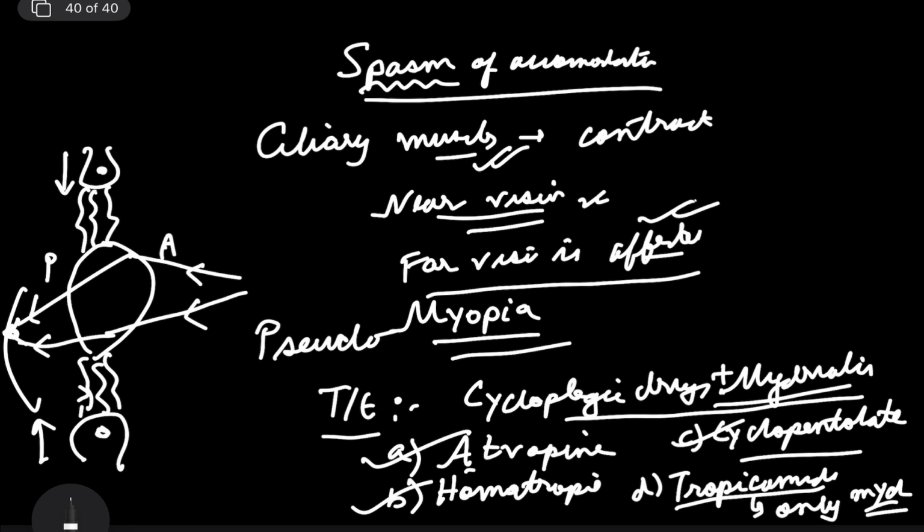I hope I was able to convey the concepts that were needed in this video, and I'd be really happy if I was able to explain the concepts of accommodation clearly to you. Some thinking you also have to do to understand them, and I'm sure you have done that while watching this video. Anyways, we'll continue our discussion on the anatomy of the eye in a later video.